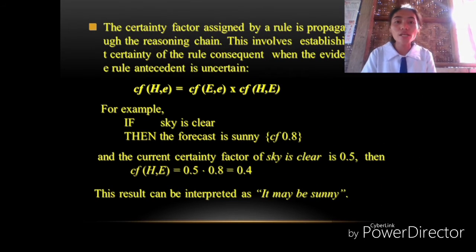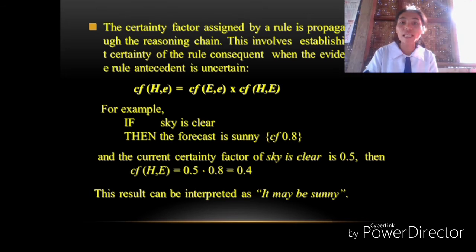The certainty factor assigned by a rule is propagated through the reasoning chain. This involves establishing the net certainty of the rule consequent when the evidence in the rule antecedent is uncertain. So, mao ni formula. So, example, if sky is clear, then the forecast is sunny, certainty factor is 0.8. And the current certainty factor of sky is clear is 0.5.